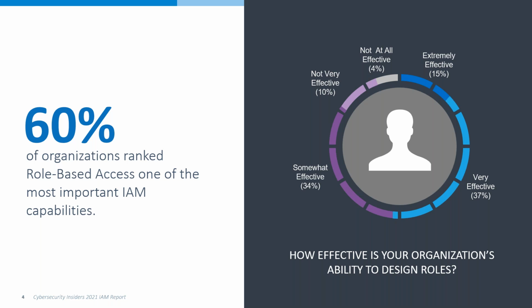So while they believed that they were important, they did not have the skills or the know-how to design them in a way that was efficient. Learning the tools and processes to effectively design well-established roles would go a long way in enhancing an organization's IAM capabilities.